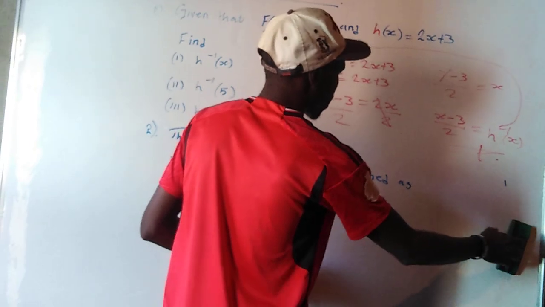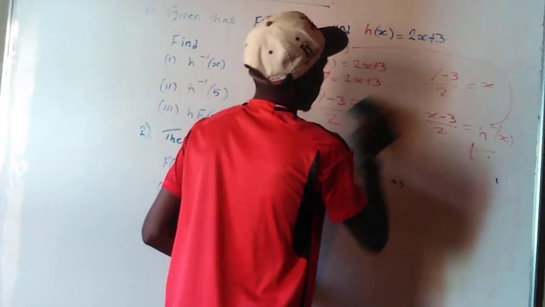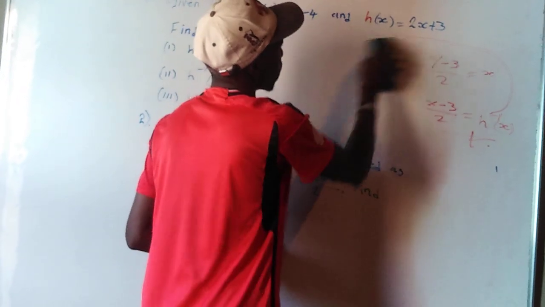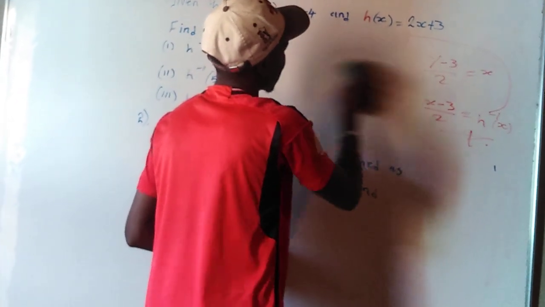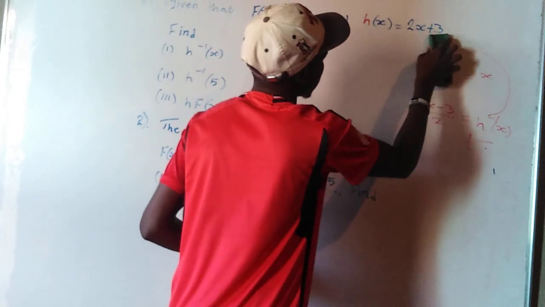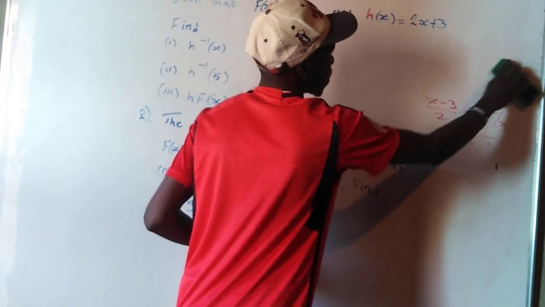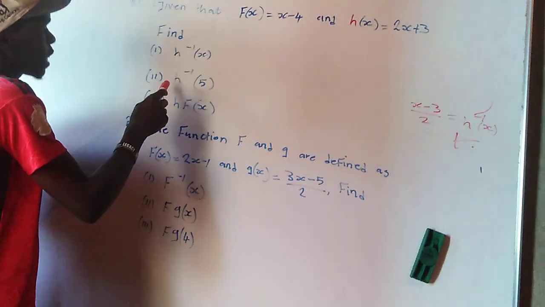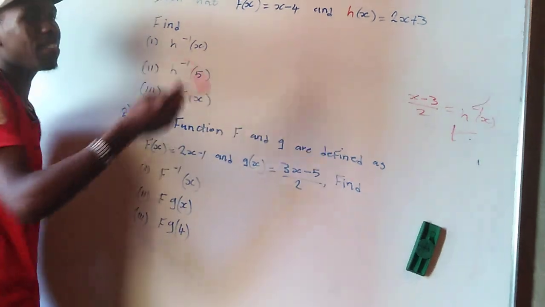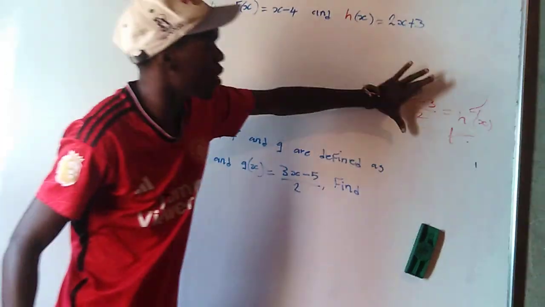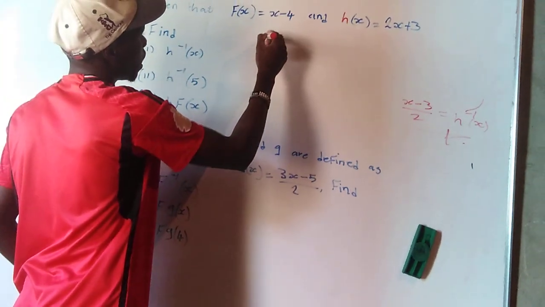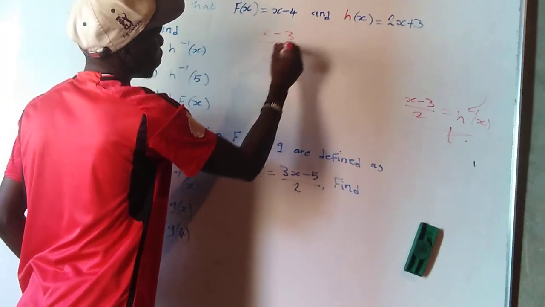So due to space, let me just try and remove this. Okay. So this is h to the power negative 1, the inverse, and our inverse we found to be this one. So now I'm going to get what I have found, x minus 3 over 2.